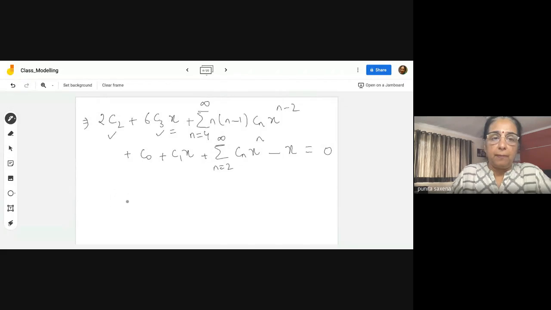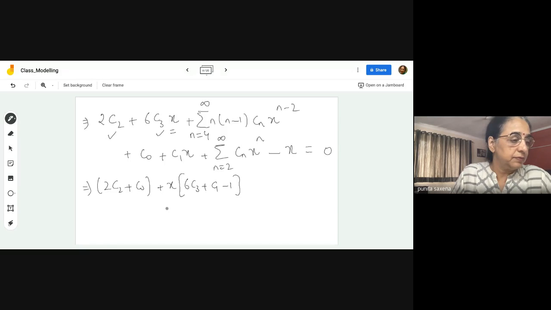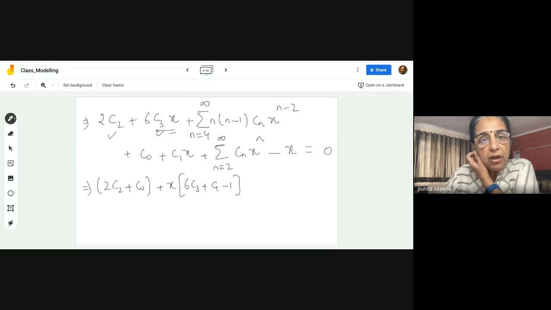Now, if I collect the terms, I'm going to get the constant terms as simply 2c2 plus c0. Then with terms containing x, I'm going to have 6c3 plus c1 minus 1, because I have now three terms containing x.